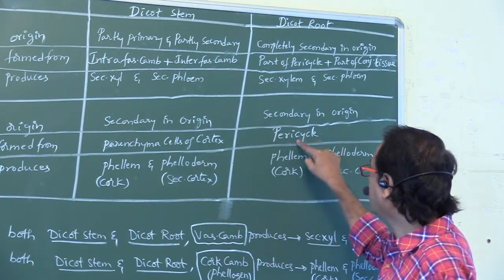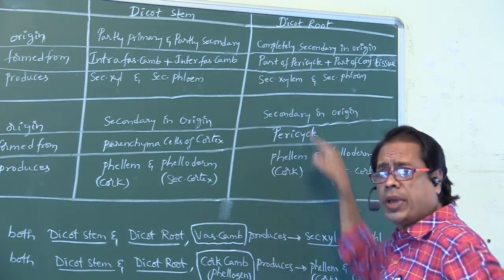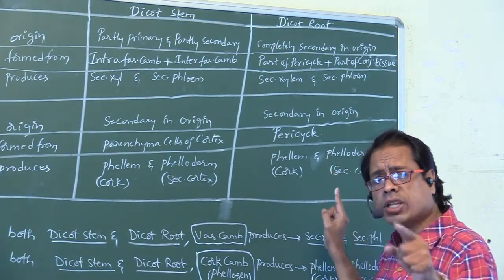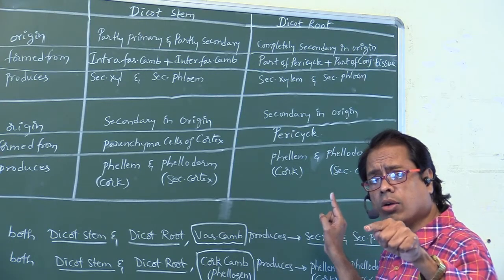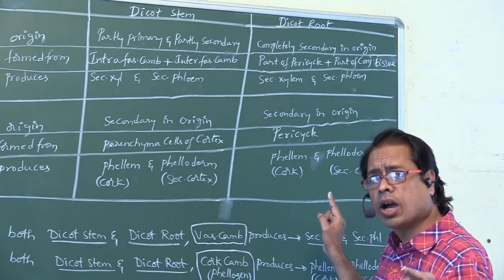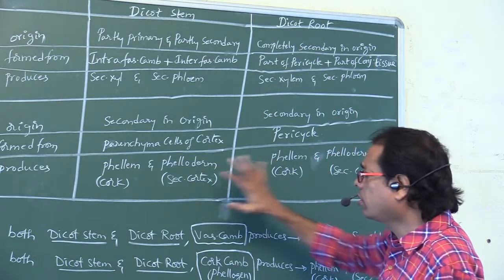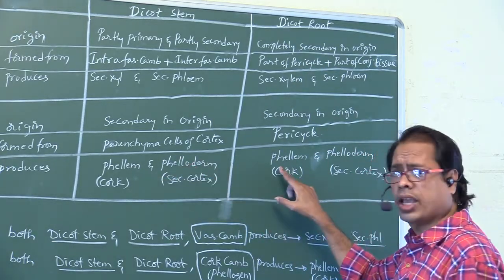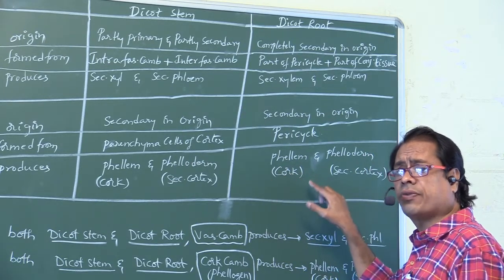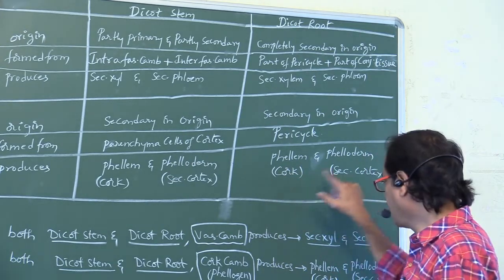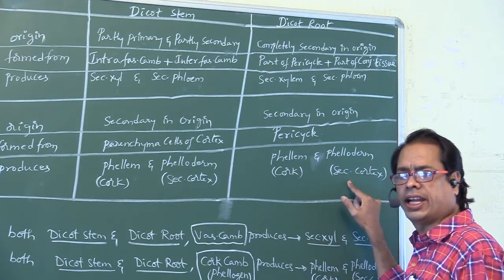And in dicot root, cork cambium produces the same tissues, phellem towards the outer side and phelloderm towards the inner side.